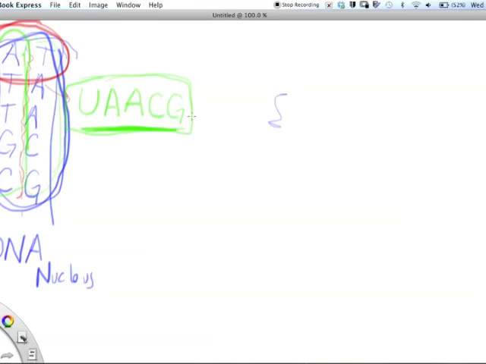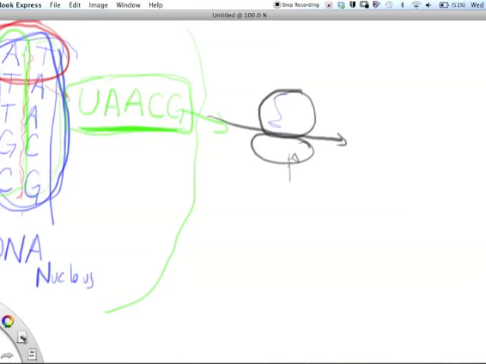So this is transcribed. Then, if this is the nuclear membrane, this strand of RNA leaves and goes over to a ribosome. And the ribosome over here has two units. And if you've ever seen a ticker tape back from physics, this runs like a ticker tape through your ribosome, creating your protein.